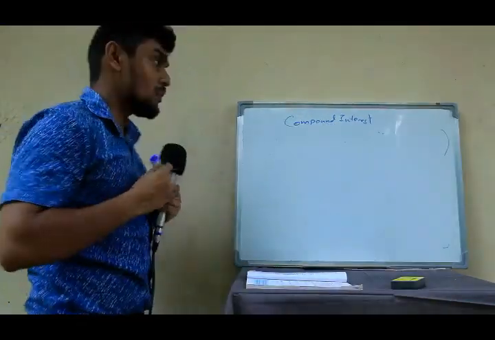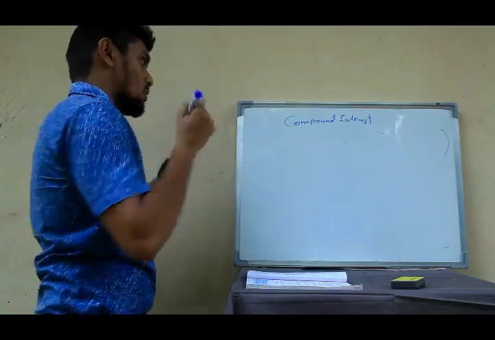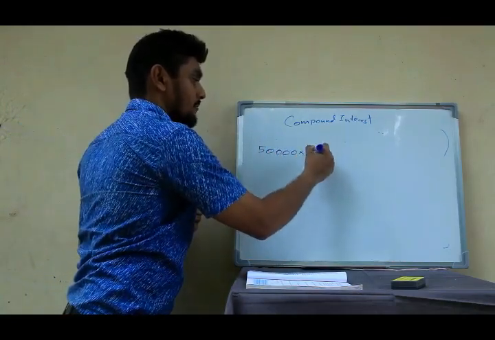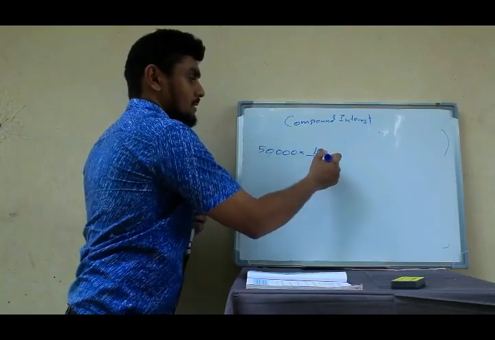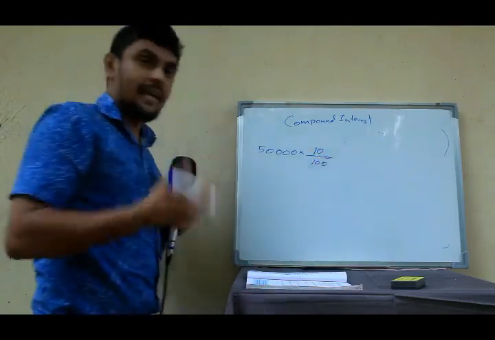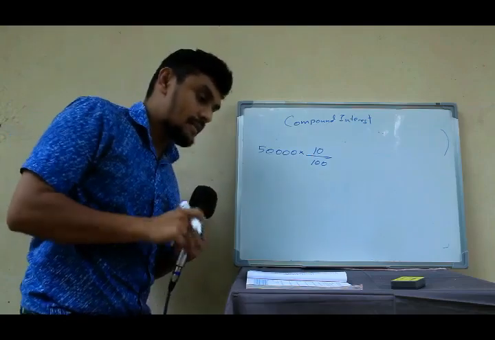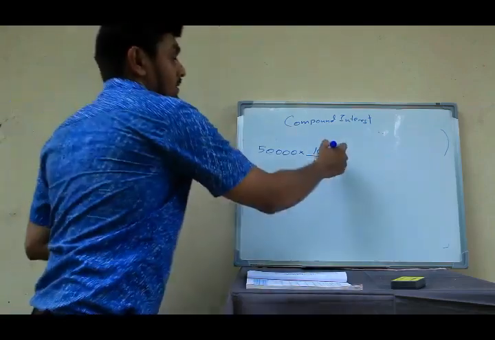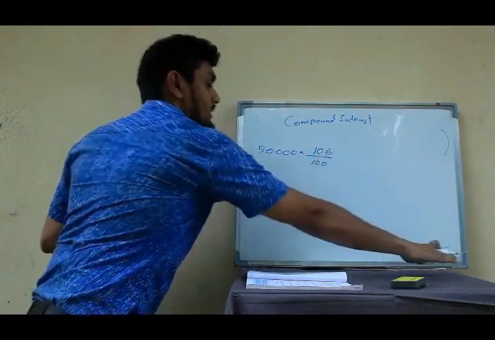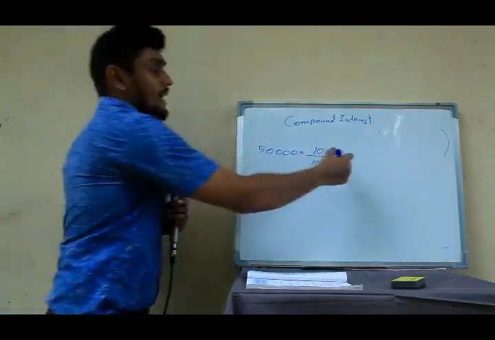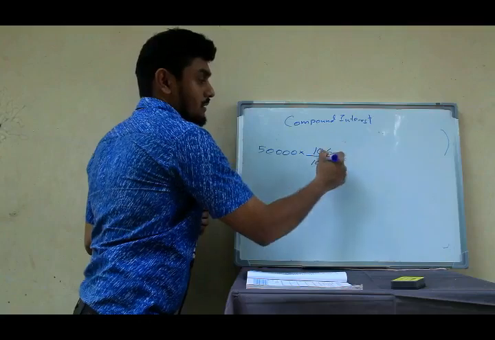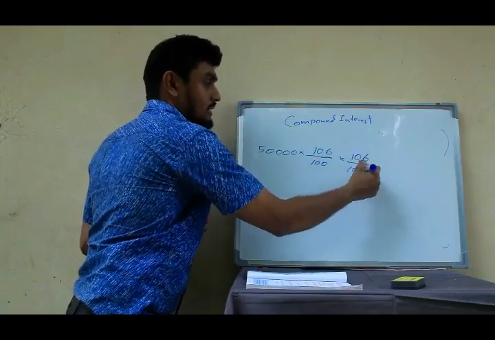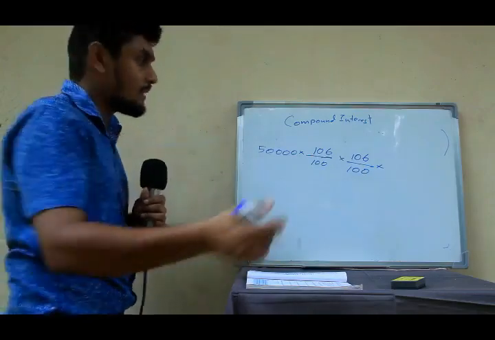Assume you have that 50,000, so you can write it in a single line. The percentage which pays 6% annual interest, so you can write 106, and another 106 for the second year. In how many years? There are 3 years.